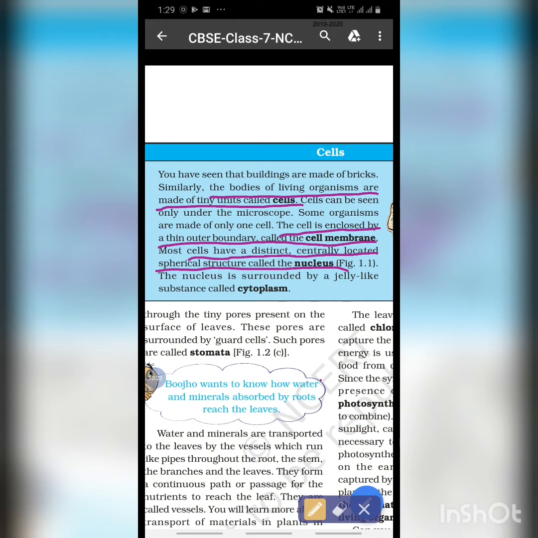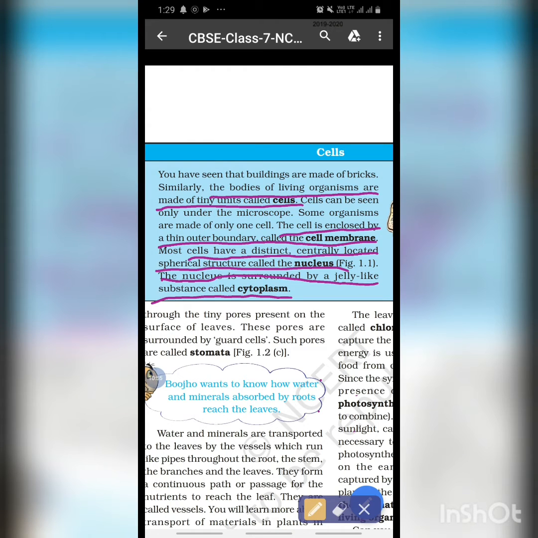There are jellies that we eat, soft jellies, like that only. The substance that surrounds the nucleus is known as cytoplasm. What will be the definition of cytoplasm? The nucleus is surrounded by a jelly-like substance called cytoplasm. Is it clear?